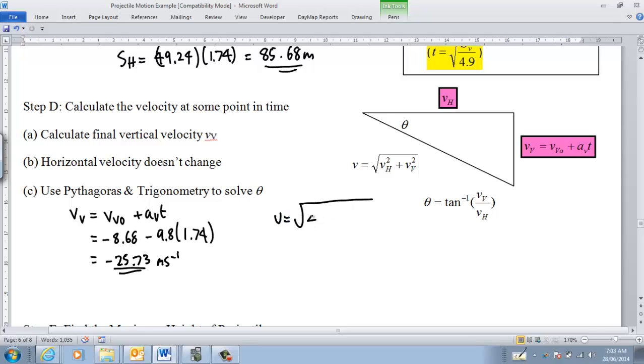And so therefore our velocity is equal to simply the same sort of thing again, 49.24 squared horizontal plus our vertical 25.73 squared. Our theta over here is going to be inverse tan of our vertical component, 25.73 all over 49.24. So you can go to the calculator to work those two things out.